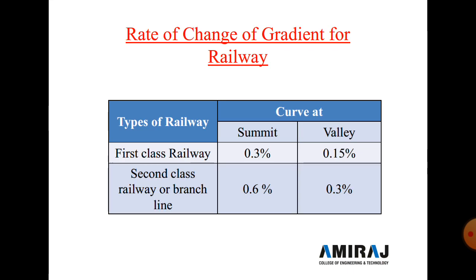Here the rate of change of gradient for a railway network is given. The types of railway are first class railway and second class railway or branch line.